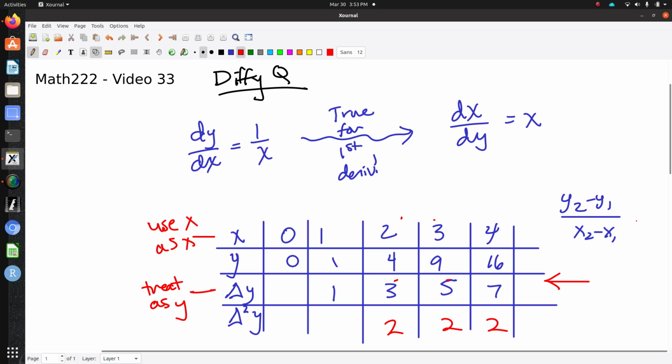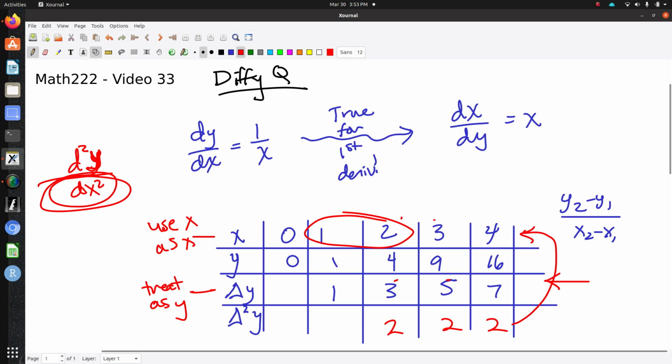One's upstairs, one's downstairs. But then when you take another derivative, you are referencing against your original x's. This is why when we say d squared y over dx squared, what we mean is the dx is essentially getting used twice in the denominator. You're dividing by dx again, but the d squared means you're looking at the changes in y twice, but you're just dividing by x squared again.